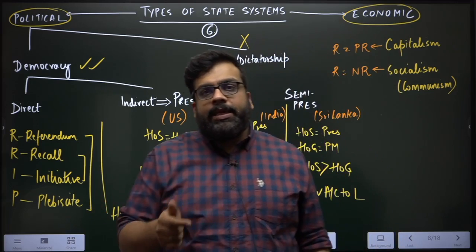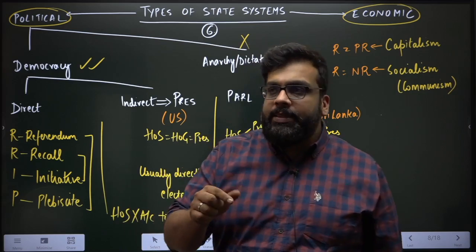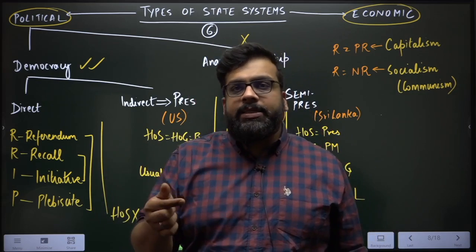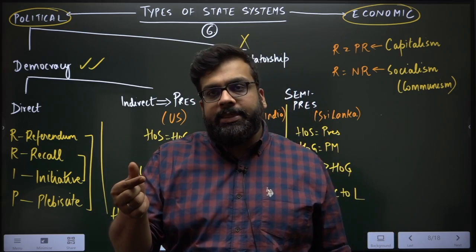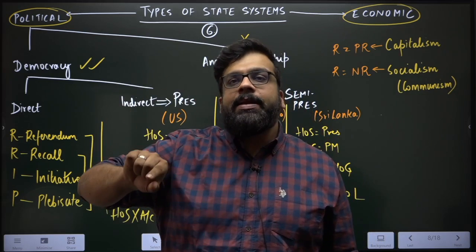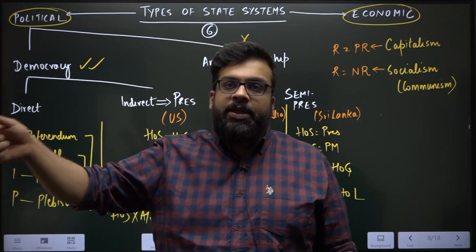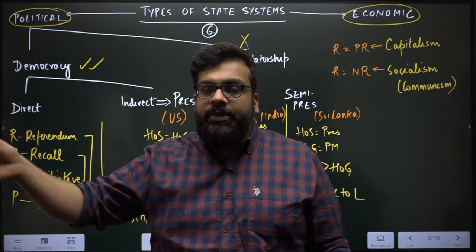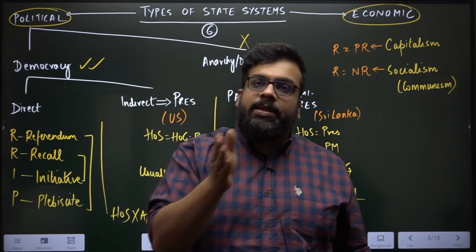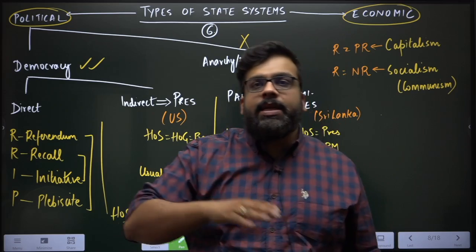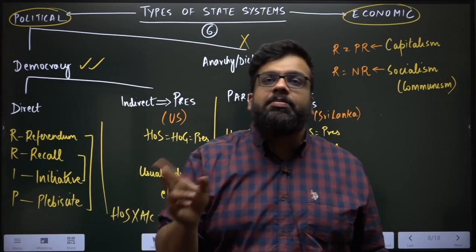See, a direct election is when the people participate in electing a representative. An indirect election is when people choose a representative and then that representative further chooses another representative. So that's an indirect election versus a direct election. Direct democracy and indirect democracy, and a direct election and an indirect election, are two completely different things.